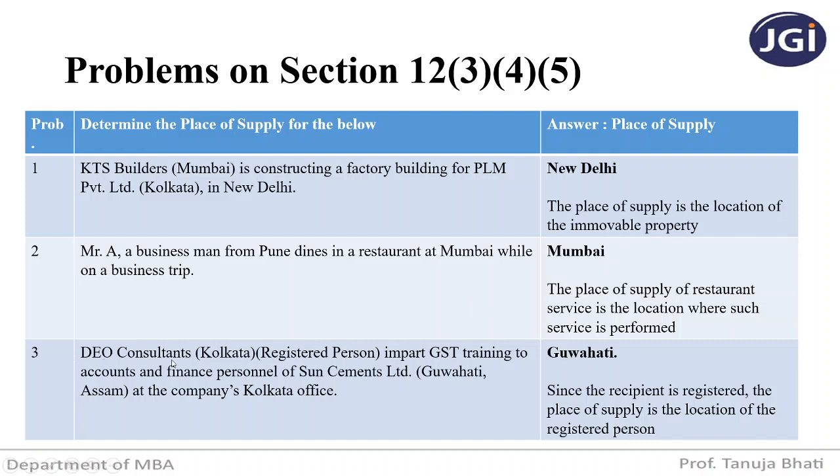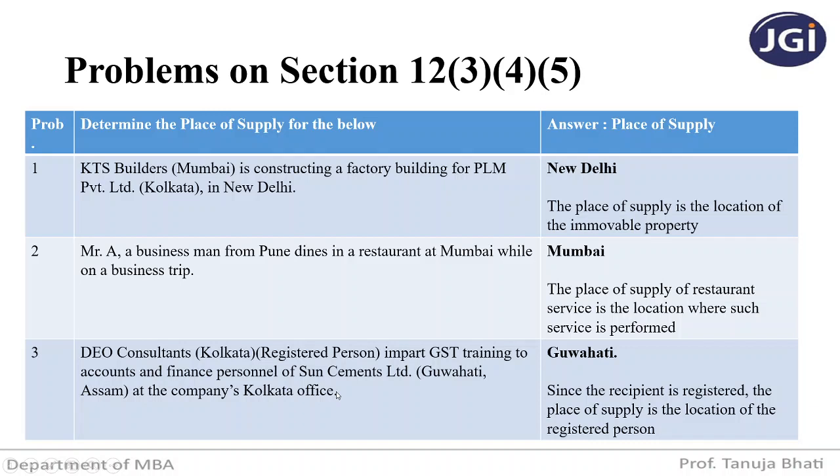Third, DO Consultants, a registered person, imparts GST training to accounts and finance personnel of Sun Cements Limited, Guwahati, Assam, at the company's Kolkata office. Now, what is the place of supply? Guwahati. By applying which provision? Section 12, subsection 5. Since the recipient is registered, the place of supply is the location of the registered person.